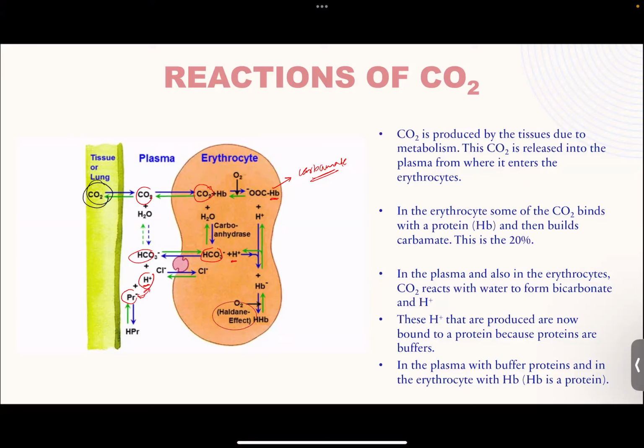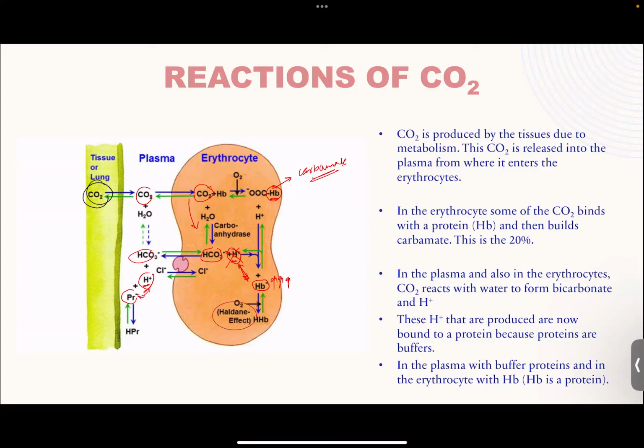And the protein that we have in the erythrocyte is, again, hemoglobin. So the H plus and hemoglobin, they're going to buffer. But in our erythrocytes, this is a lot. We have a lot of hemoglobin, okay? So as soon as this reaction takes place, it goes and gets buffered. So it keeps happening faster and faster because we're getting rid of this H plus faster and faster, okay?